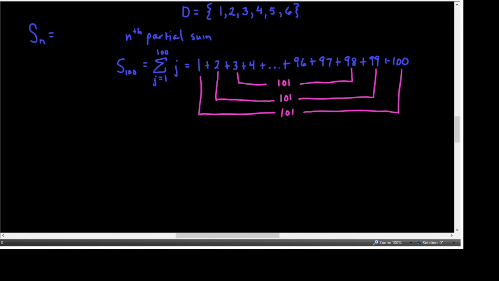Since there are 100 numbers, how many pairs of numbers will we have? It's going to be 50. There are 50 pairs, right?